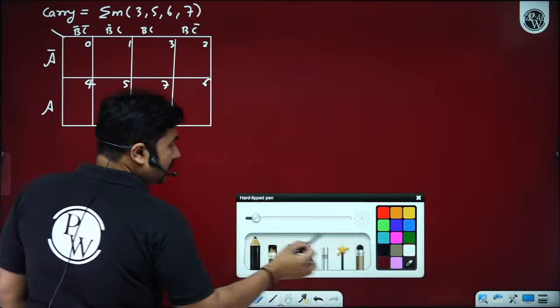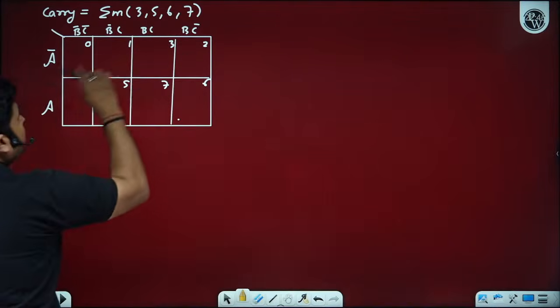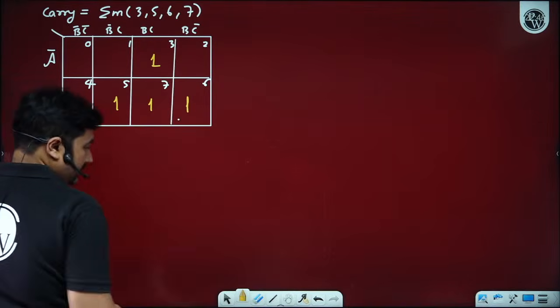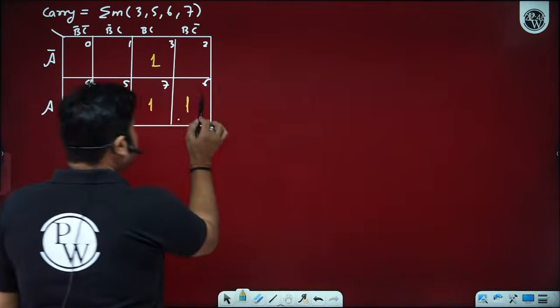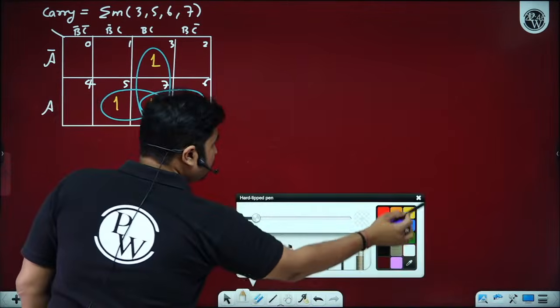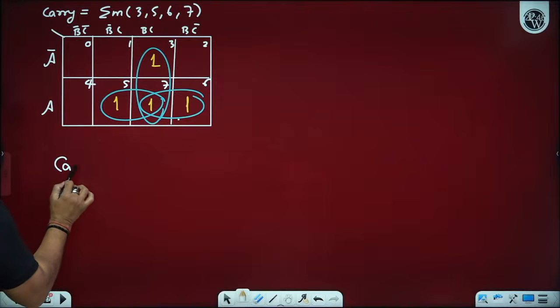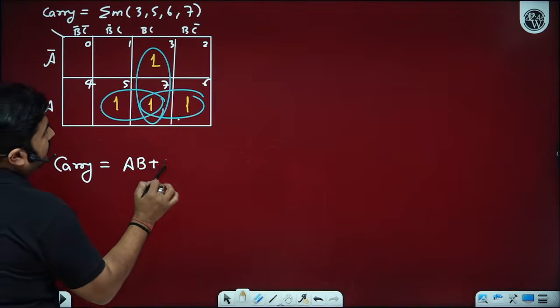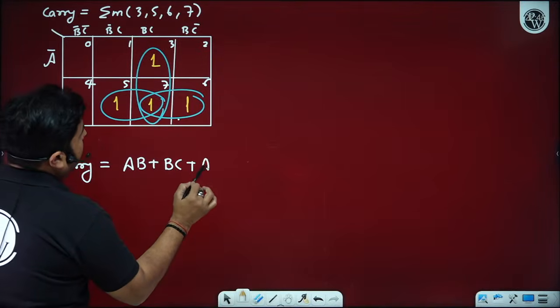We are getting output logic high on the binary of 3, 5, 6 and 7. Great. So we have a total of 3 pairs, and we have the carry logical function as AB plus BC plus AC.